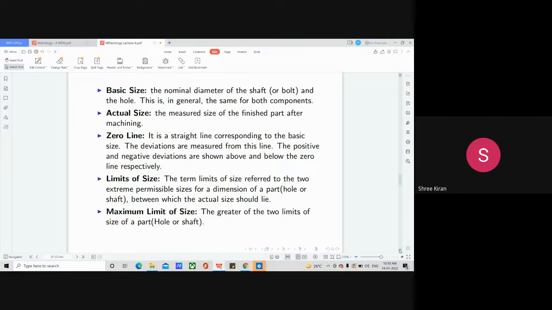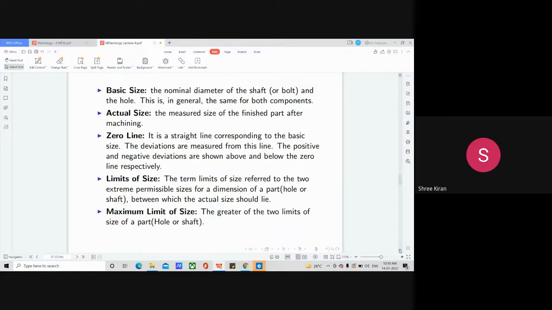That is the lower and the upper limits. The actual size should be inside them, at maximum up to that extent. Only then can the manufactured product be used for proper function. That's what we say in the case of limits of size.